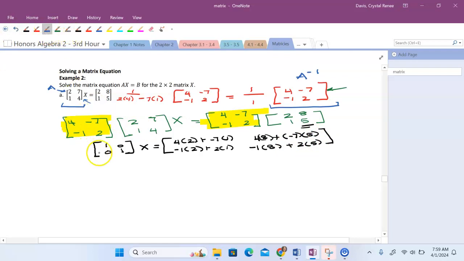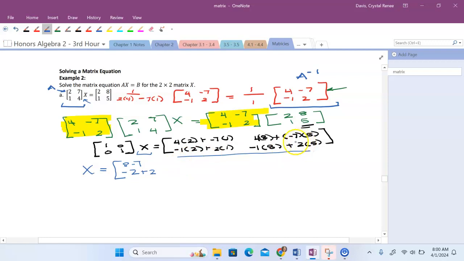All right, so clean this up. So remember, anytime I multiply the identity matrix times something, I end up with just that something. It's like multiplying by 1. So this side is just X equals, okay, well, then I'm going to clean this up here. So this would be 8 minus 7, -2 plus 2.